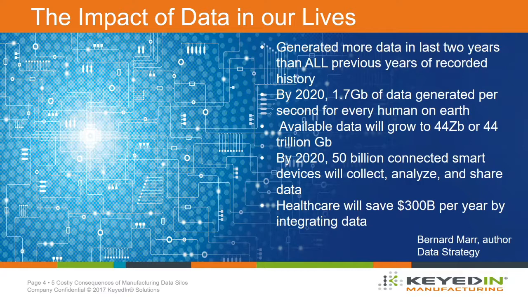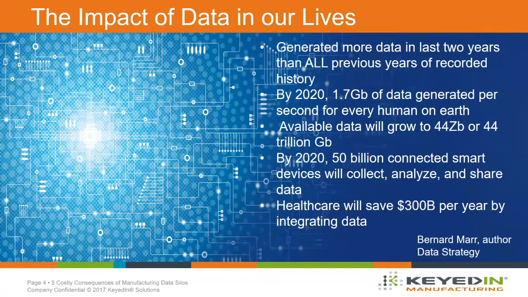By 2020, he predicts that we will generate 1.7 gigabytes of data every second of every day for every human on Earth. Our available data will grow from approximately 4 zettabytes, where it is today, to well over 44 zettabytes by the year 2020. Imagine the amount of data that is.